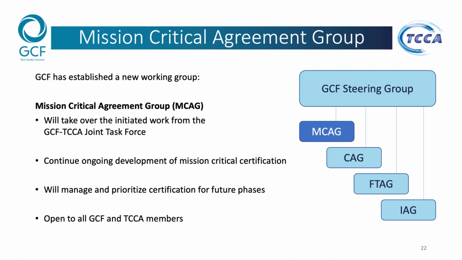As presented by Chris, we have defined the most important features for the initial phase, but there are a huge number of other features waiting to be included in the processes. And this Mission Critical Agreement Group will be open to all GCF and TCCA members.